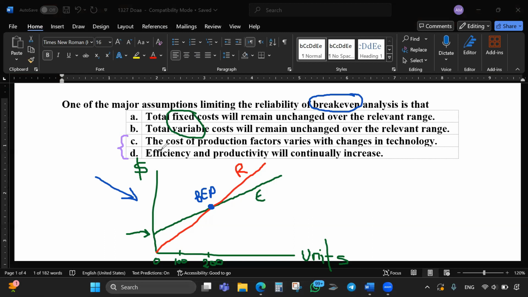For example, C, the cost of production factors varies with a change in technology, which is a correct sentence, of course, but it is not related to the question. D, efficiency and productivity will continually increase, which is a logic sentence, but it is not related to the question.